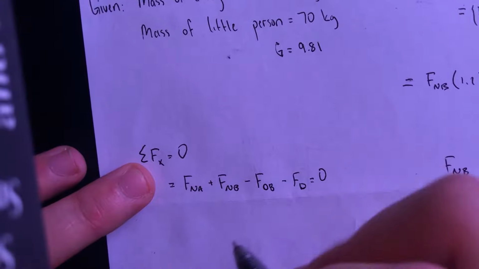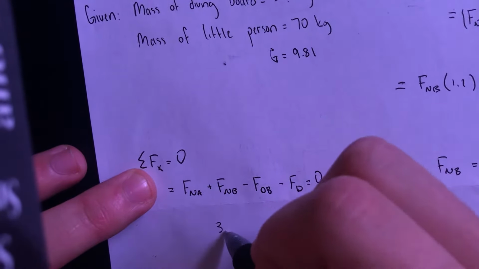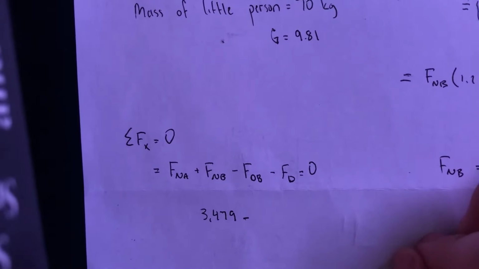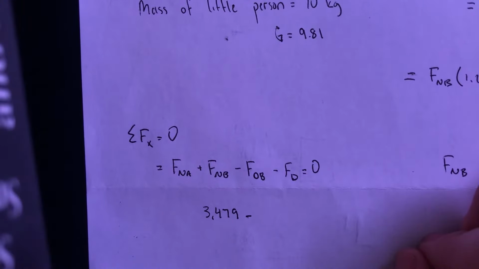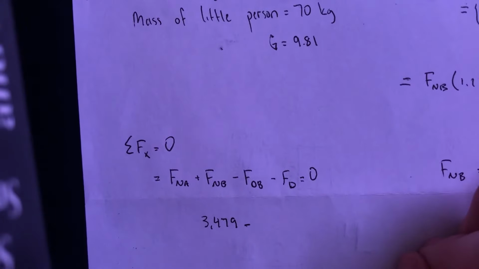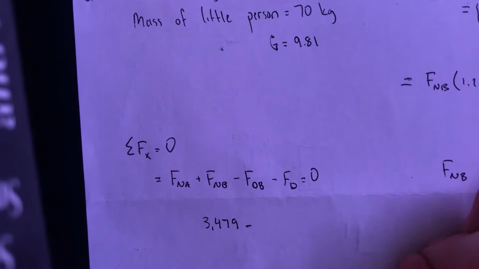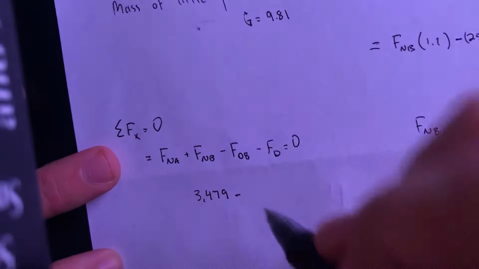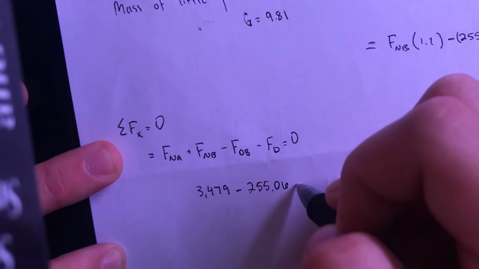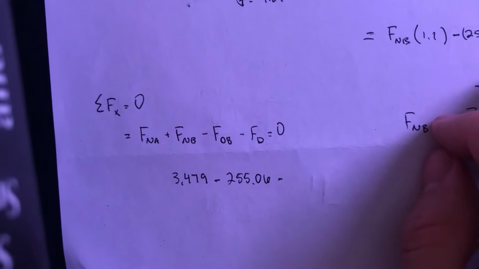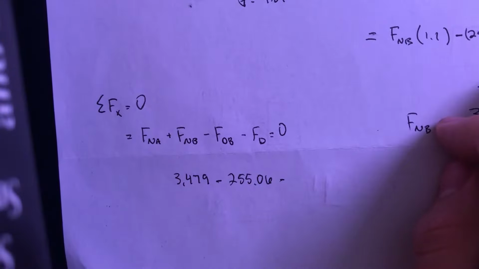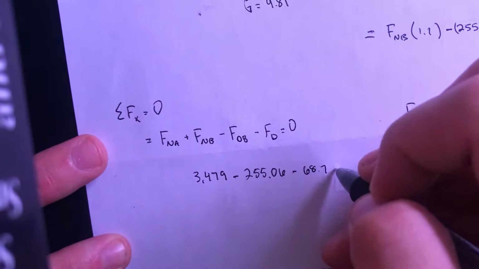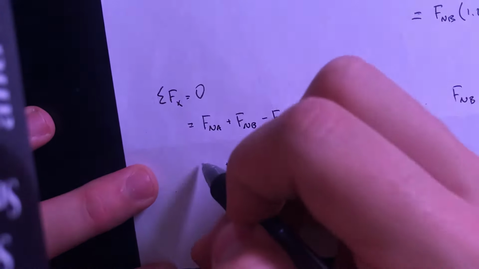So if you substitute all your values, your normal force at B is 3,479 minus the force of the diving board, which is just 26 times gravity, which is 255.06, and then minus the diver, which is your 70 times 9.81, minus 686.7 equals 0. And then you will also include your normal force at point A.